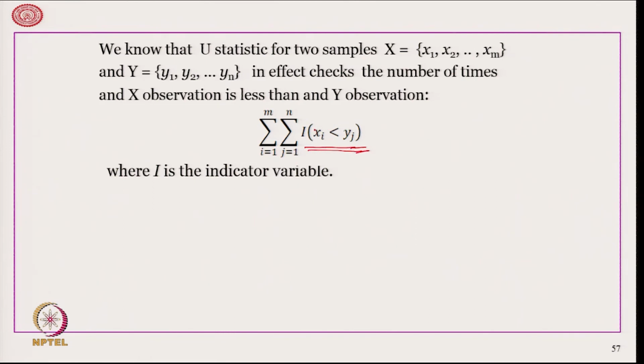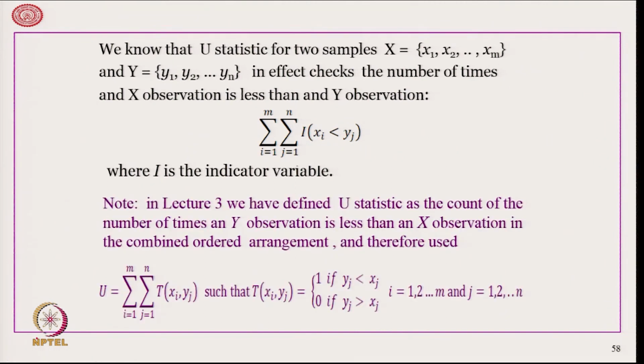Therefore, we are looking at all pairs x i and y j and checking how many times x i is less than y j. I is the indicator variable, which means that if this is true then it is equal to 1, otherwise it is equal to 0.